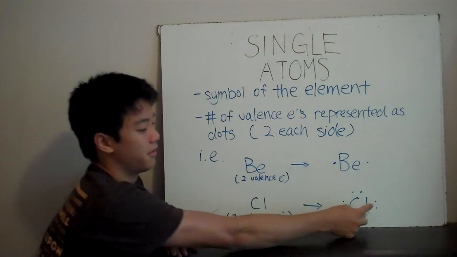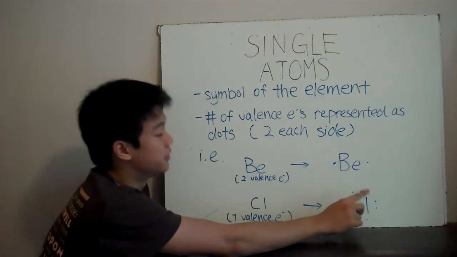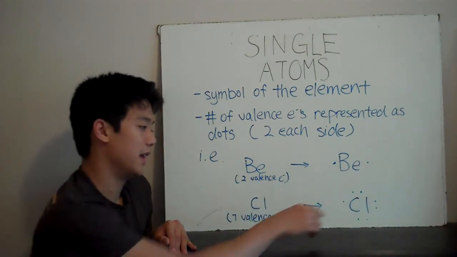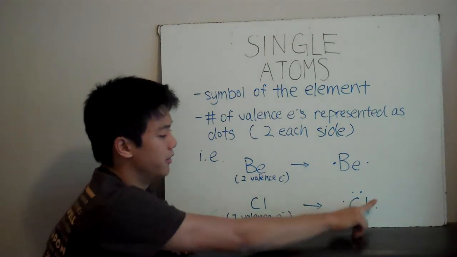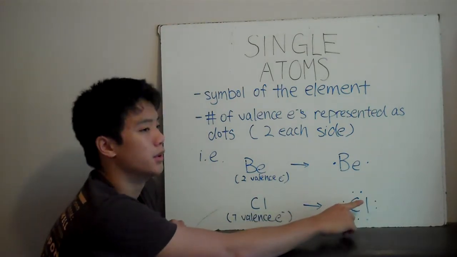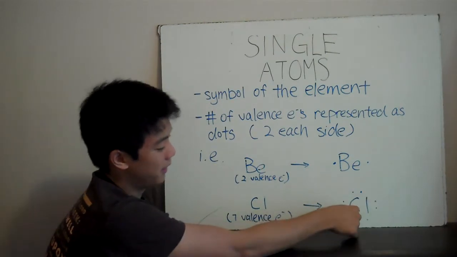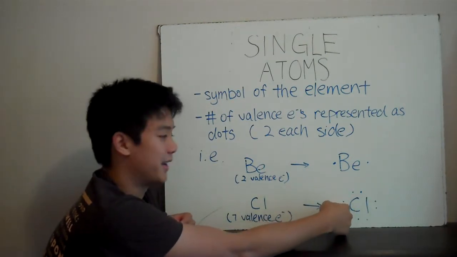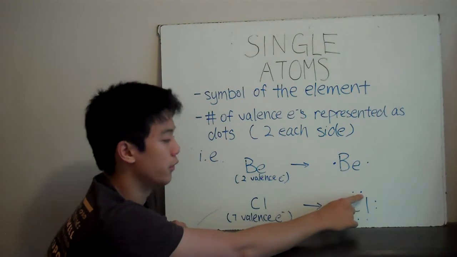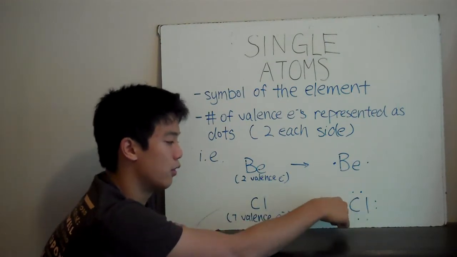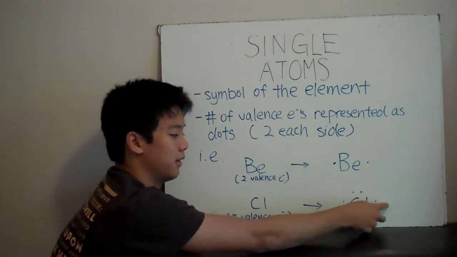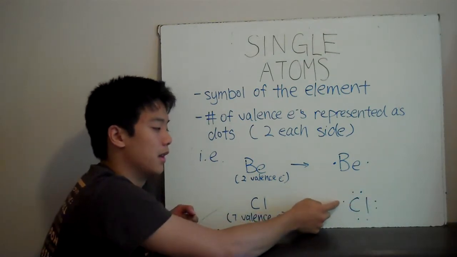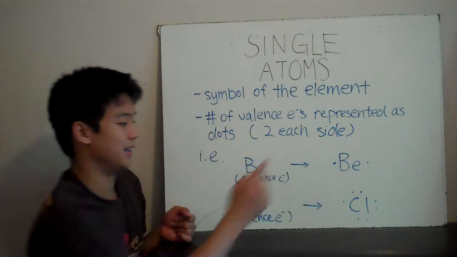For drawing the Lewis structure, you first draw the symbol Cl, and then to draw the 7 electrons, you must know that when drawing the dots around the symbol, you must fill each side with at least 1 before moving to the second one on each side. So you will first draw 1 on each side, which will be 4, and then to finish the last 3 valence electrons, you'll add a second dot. That's why you have a single electron on one side and no empty sides.